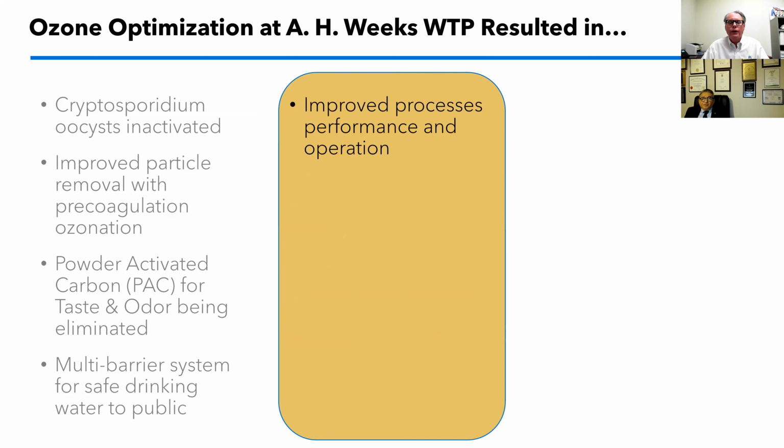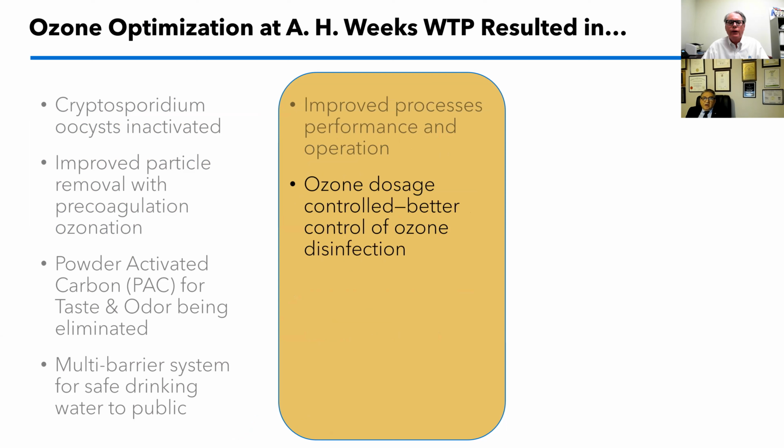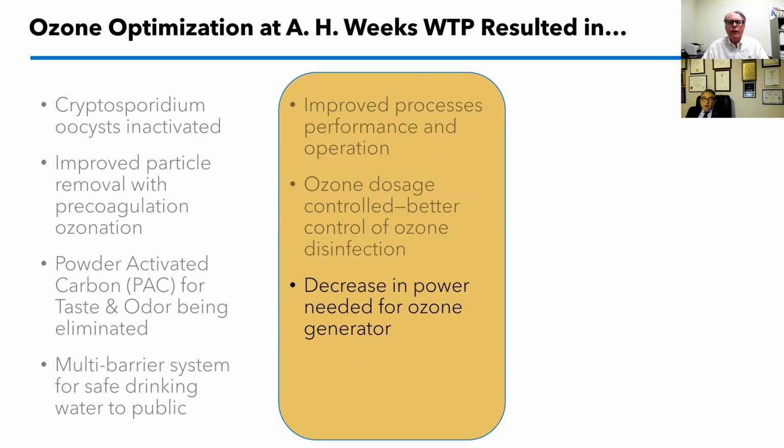So the improvement process included the performance and operation. Ozone dosage was controlled, and we introduced a better way for disinfection by the inclusion of additional sections of the treatment process.